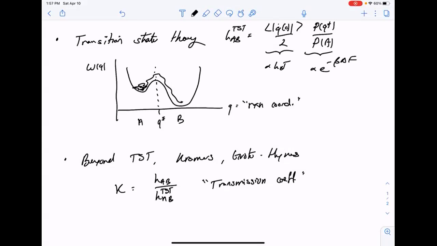And with different approximations, like the barrier crossing being overdamped or underdamped, Markovian or non-Markovian, one can get different forms for kappa.